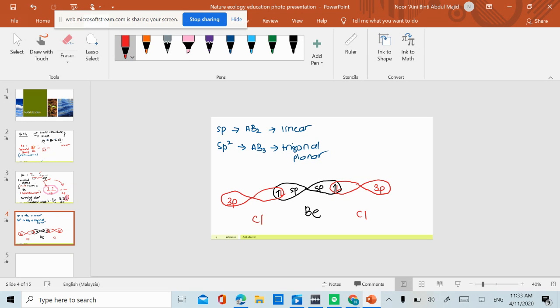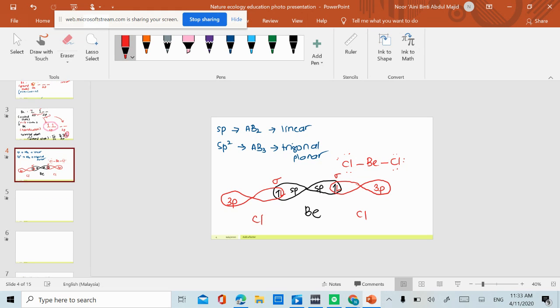This is how your orbital overlapping diagram looks like for BeCl2. It should have the same shape as the one we predicted before, the same, right?